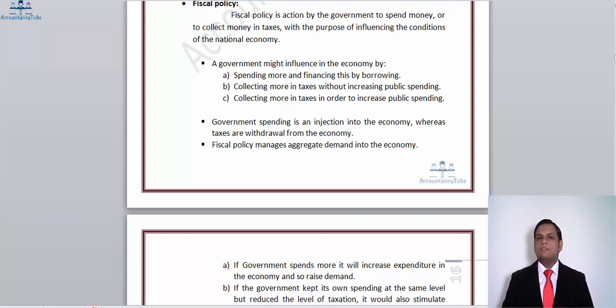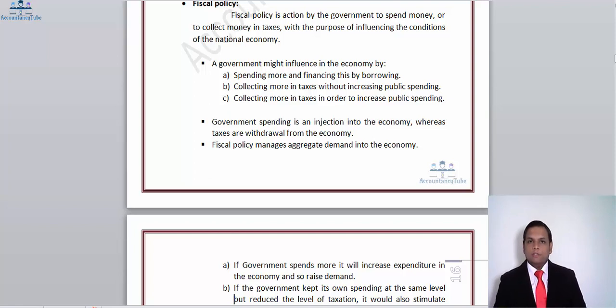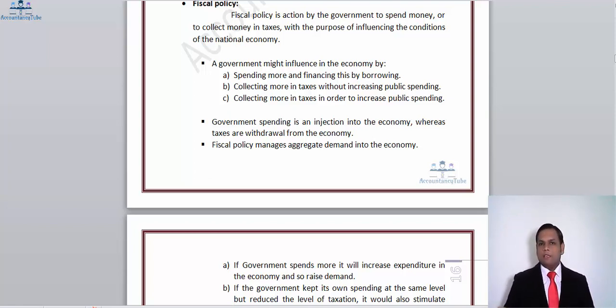This is done by most of the countries that are heavily in debt. They collect more in taxes and do less public spending. Now, there could be a number of reasons for that, not just the debt. Perhaps the government wants to reduce demand in the economy, so they start this approach. They tax the people and reduce their expenditure in the economy.